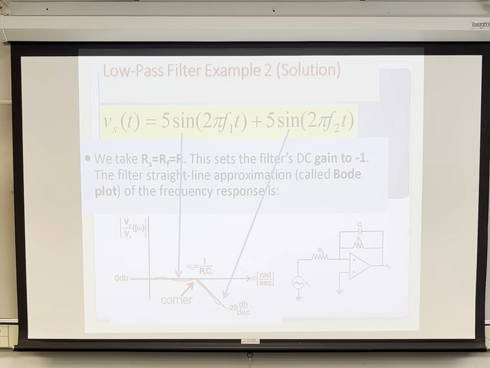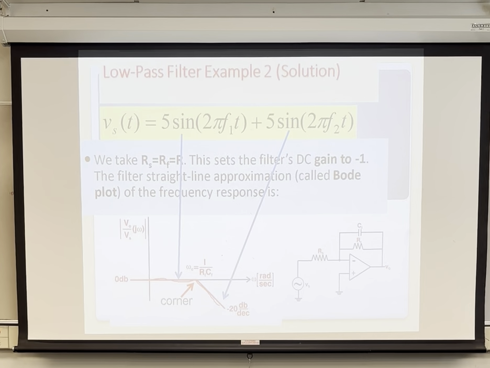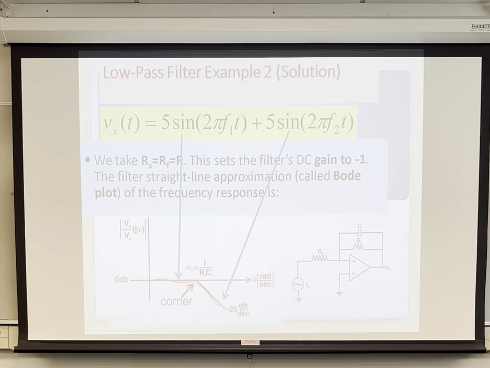So to design this filter, the first frequency, 100 hertz, we want to put in the pass band, so it passes through with a gain of 1. However, the 30 kilohertz, which is F2, we want to put somewhere where the output of the filter is dropping. Out here maybe somewhere.